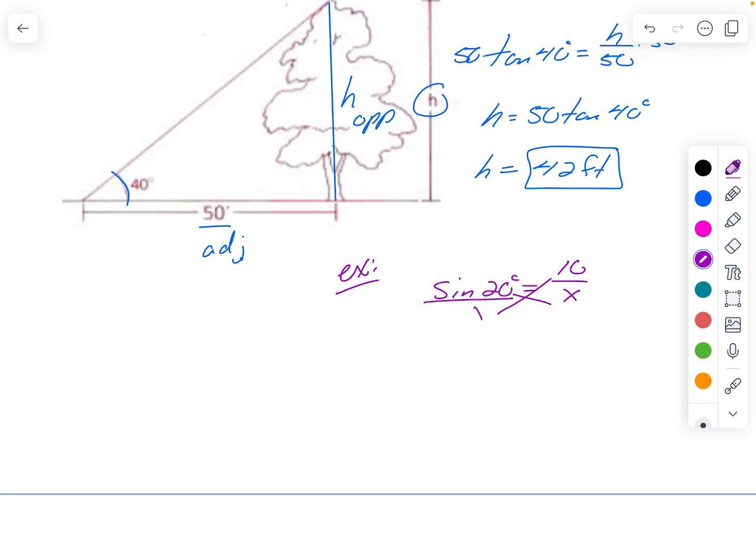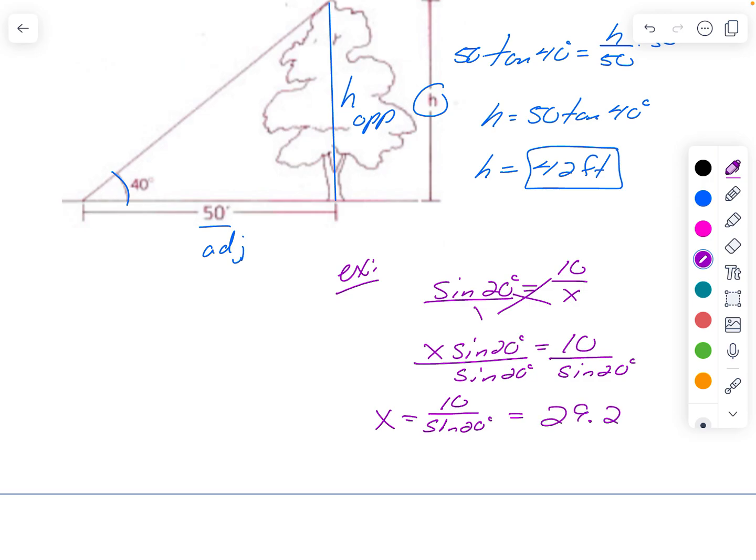In other words, I put a 1 under the sine of 20 and think x times sine of 20 is equal to 10 times 1, or 10. Now I'm going to divide both sides by sine of 20 degrees. So x equals 10 divided by sine of 20 degrees. If you put that in your calculator, you get approximately 29.2.